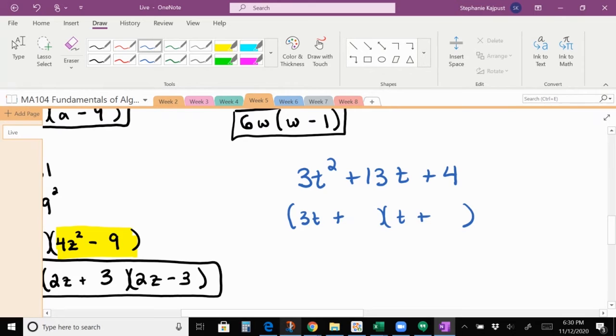So now all I need to do is figure out the combination to multiply to 4, and then I have to get these to add to 13. Ooh. So multiply to 4 and get to 13? Well, we have to do the combination with the 3 here. Okay. 4, I know I can do 1 times 4 or 2 times 2.